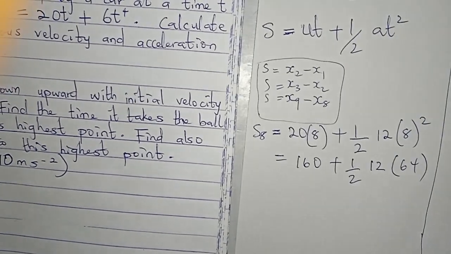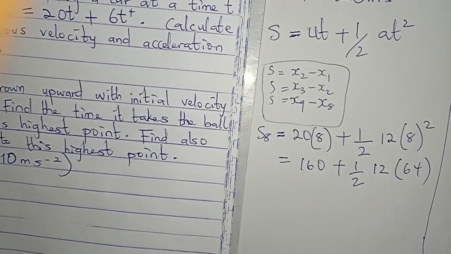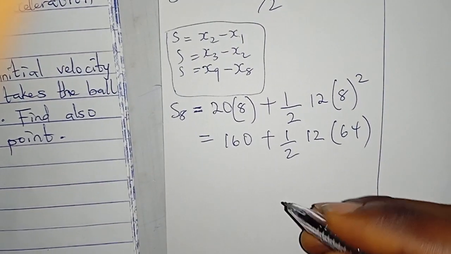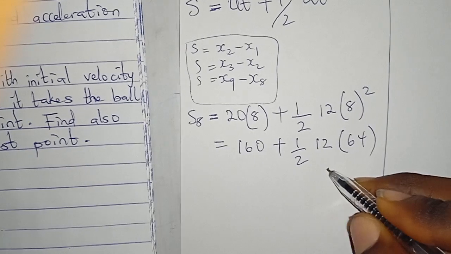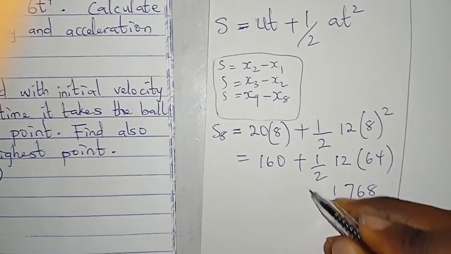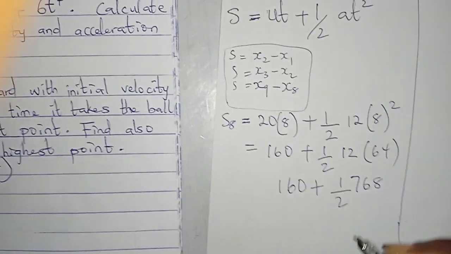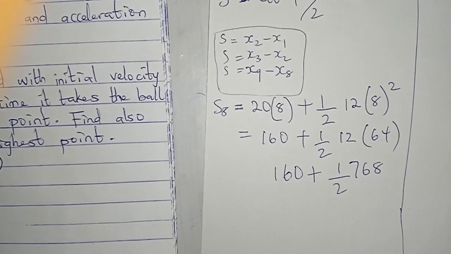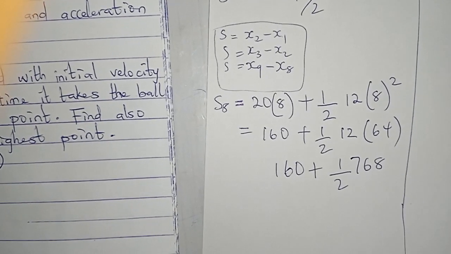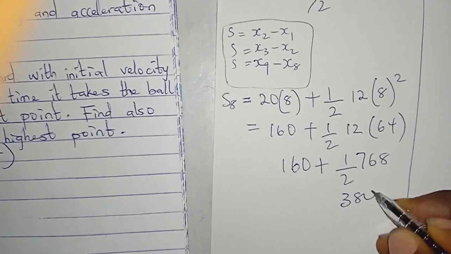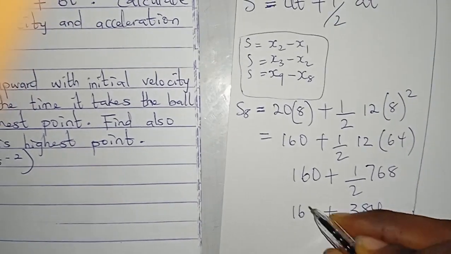Now 12 times 64 is 768, then half of it, plus 160. So by the time you do 768 divided by 2, you have 384 plus 160.